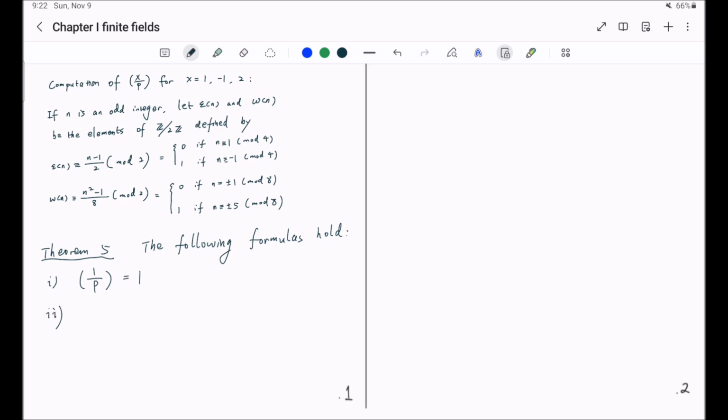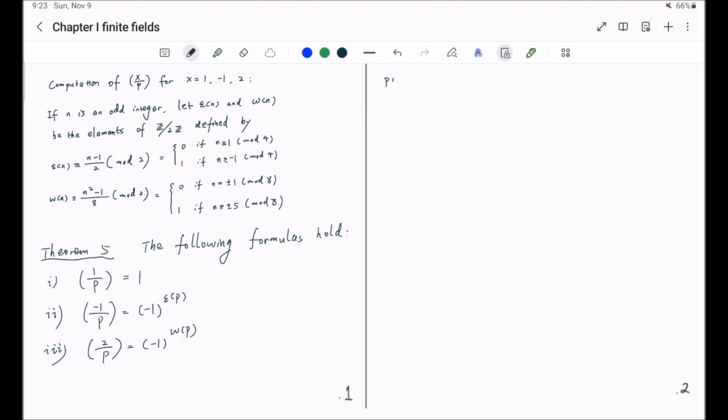And second, the Legendre symbol of negative 1 mod p is (-1) to the power epsilon of p. And the Legendre symbol of 2 mod p is (-1) to the power omega of p, where epsilon and omega are defined as above.